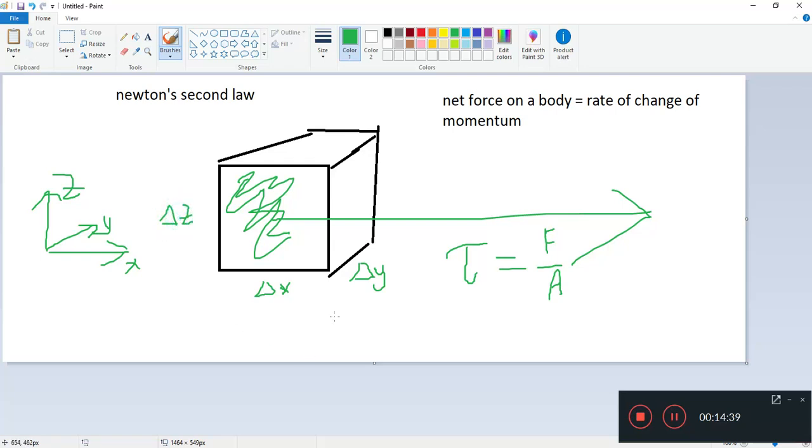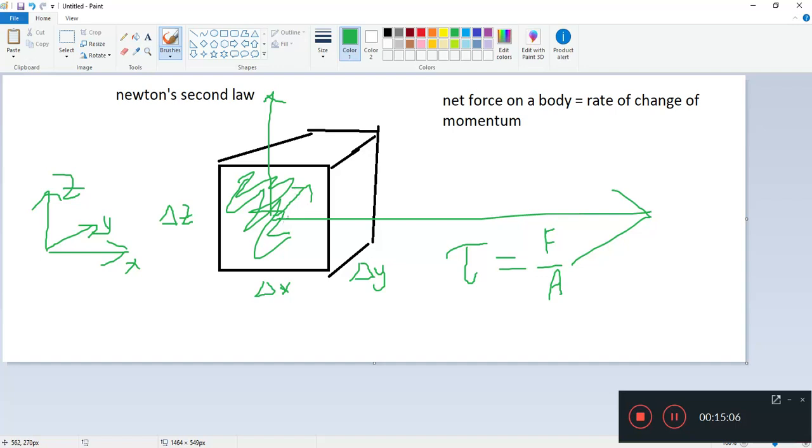Okay, hope you don't mind the handwriting. Alright, so we have tau forces, which are the shear stress. We can also have shear stress in this direction, and we can have shear stress in the z direction, this way. Okay, so what do we have here?